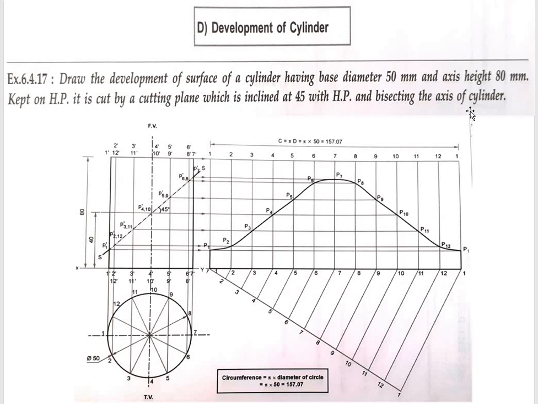Bisecting means again they have given the AIP plane which is passing through the center of the axis. Like the previous problem, only instead of a 40-degree angle, here they have given the 45-degree angle, and likewise you have to complete the procedure.